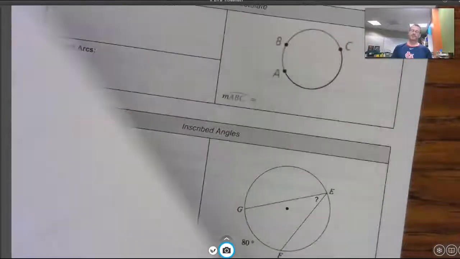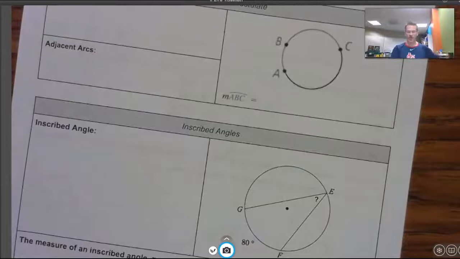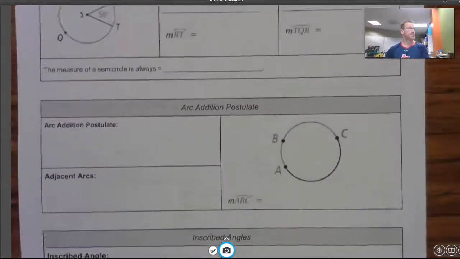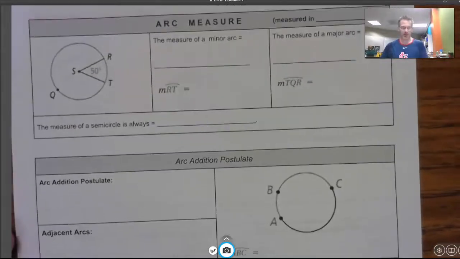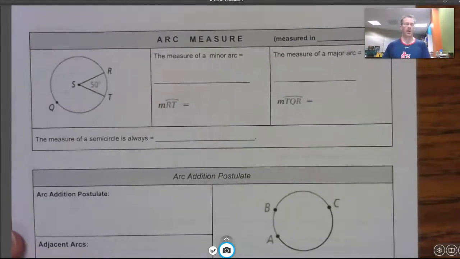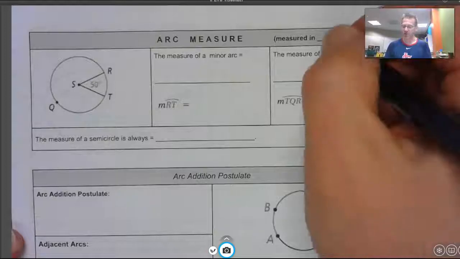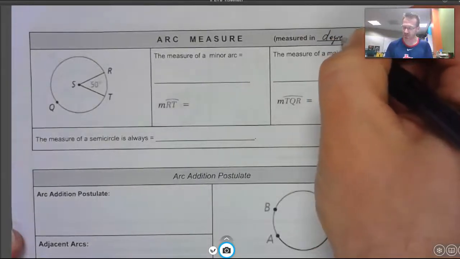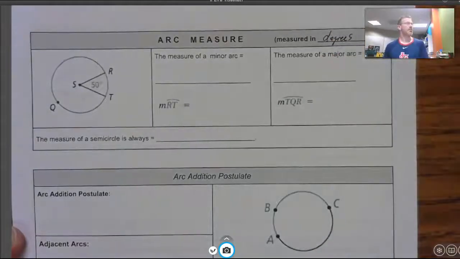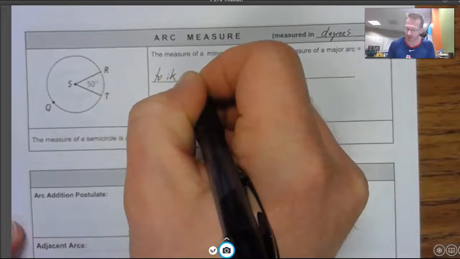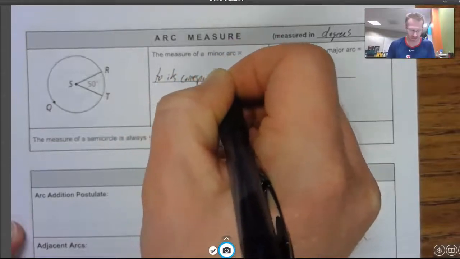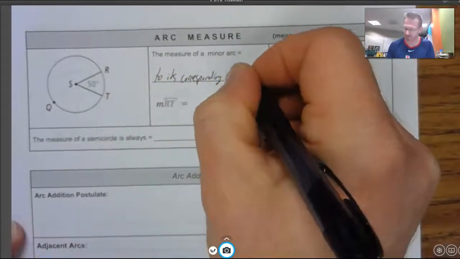Okay, so let's flip the page here, and look at the next thing we have, which is how do we measure an arc? When we talk about arc measure, we're measuring this in degrees. The measure of our minor arc is equal to its corresponding central angle.